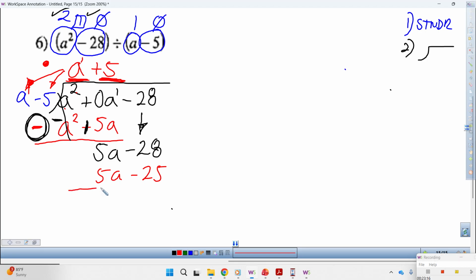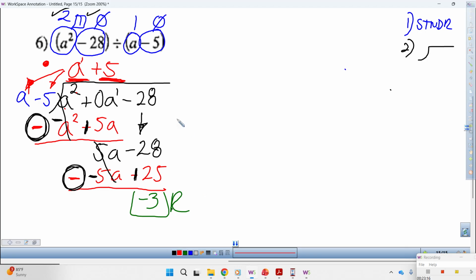And again, subtraction, and what I ask you to do, circle it to remember to distribute the negative here and here, which makes this a positive. So 5a minus 5a cancel. Negative 28 plus 25, that's negative 3 as a remainder.